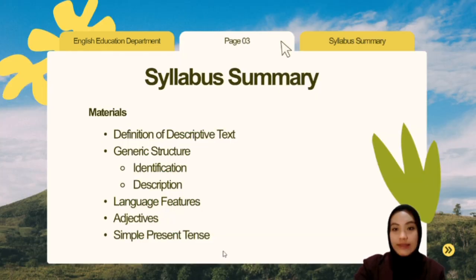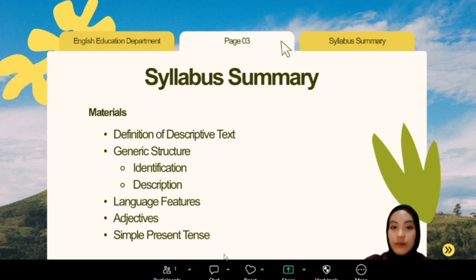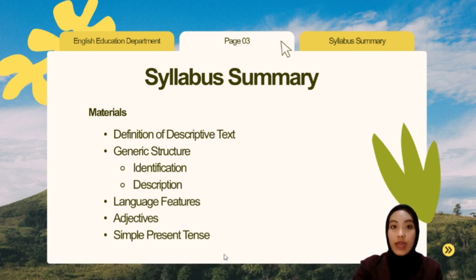This slide summarizes the main materials included in the syllabus. The lesson begins with the definition of descriptive text. Students can understand its purpose and characteristic. After that, students learn the generic structure of descriptive text, which consists of identification and description.